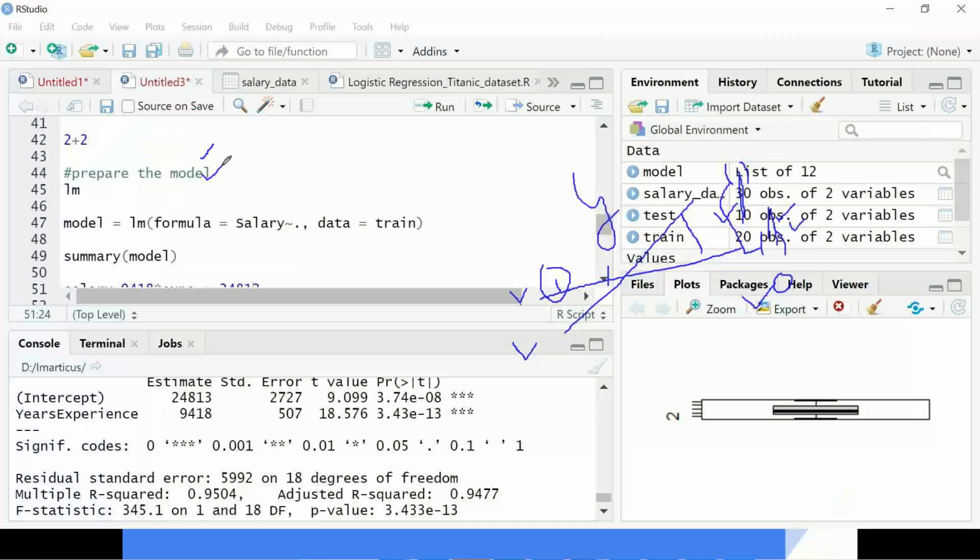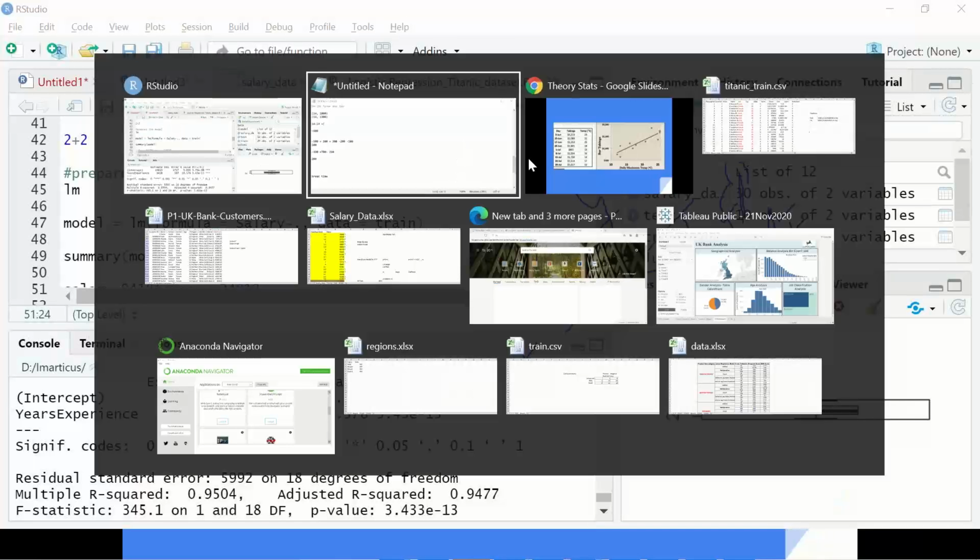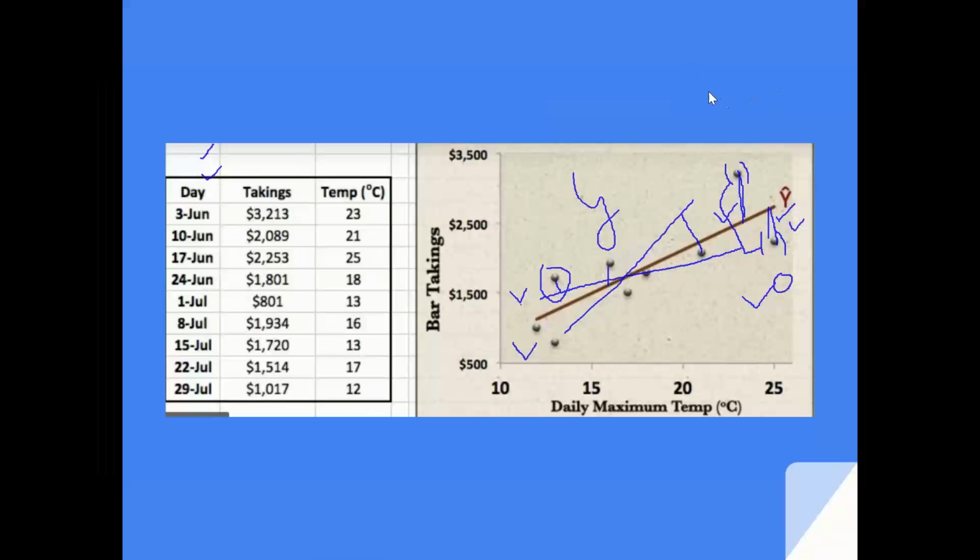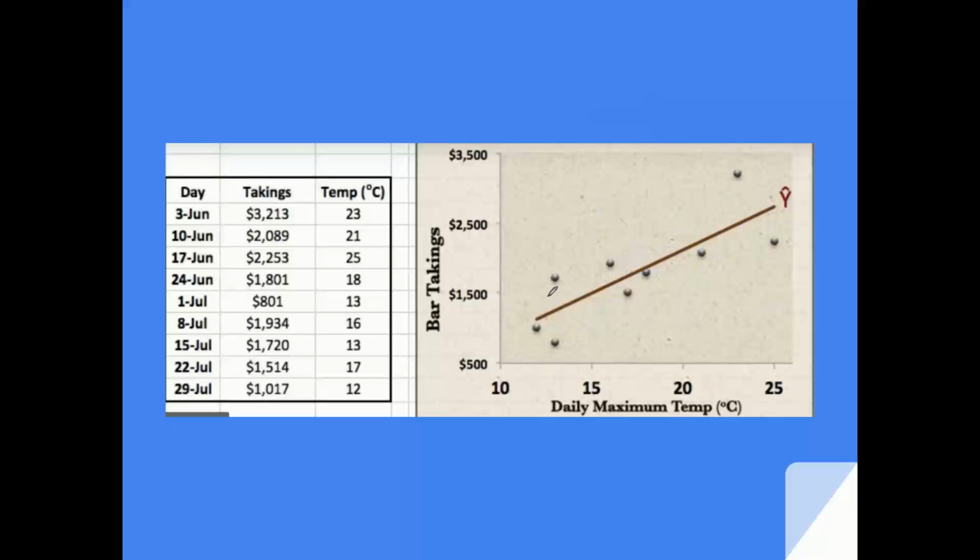See, these are basically, so if I ask you this point, what are the coordinates of this point? Yes, Arvind, what are the coordinates of this point? What is x and y for this?